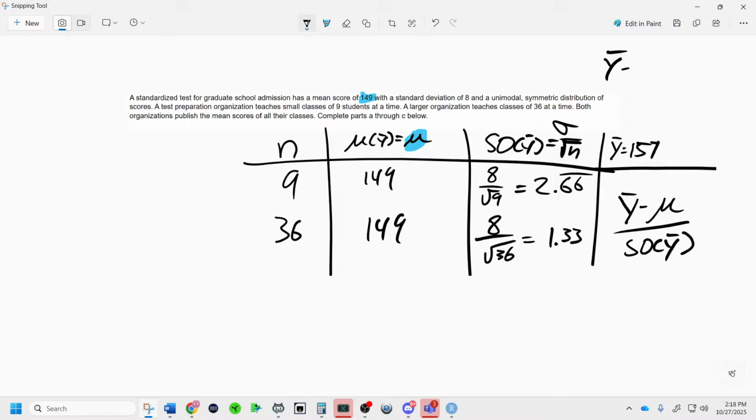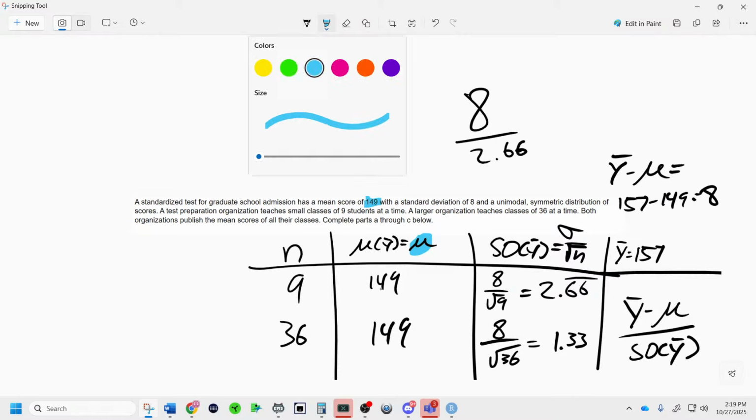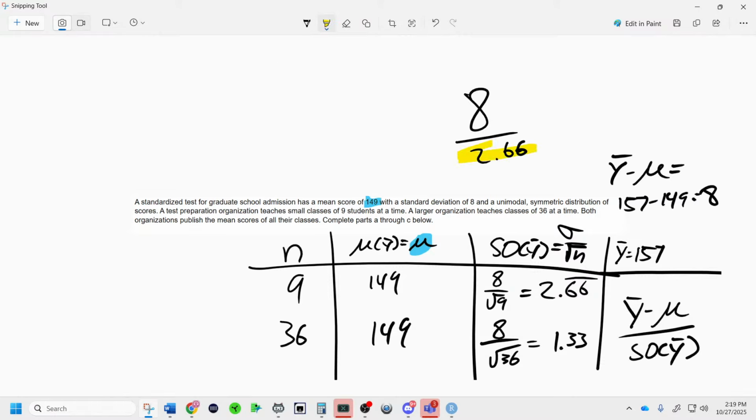So y bar minus mu is equal to 157 minus 149, which is equal to 8. So the top of this equation is 8, divided by 2.66, because all we're doing now is plugging in this number. We'll also plug in the other number, because that's the standard deviation of y bar. So 8 divided by 2.66.